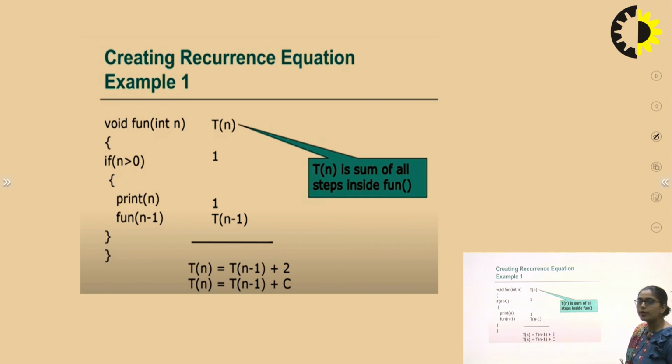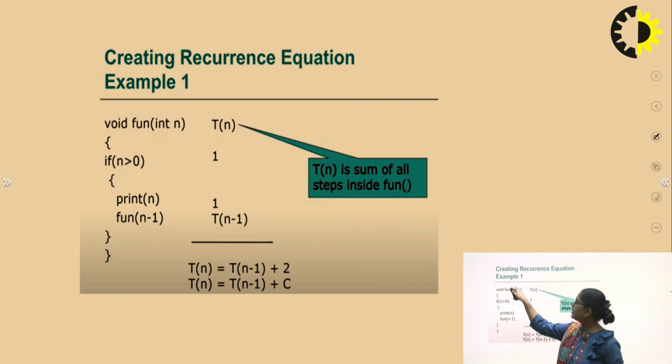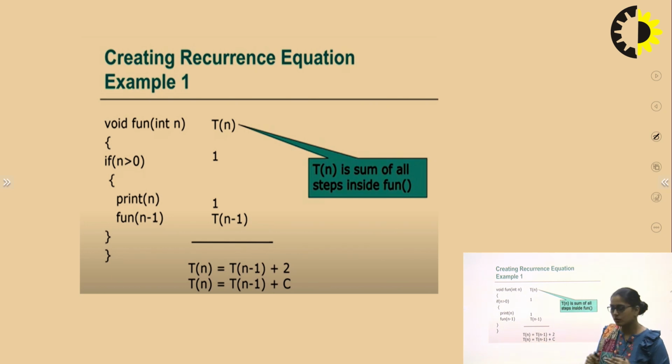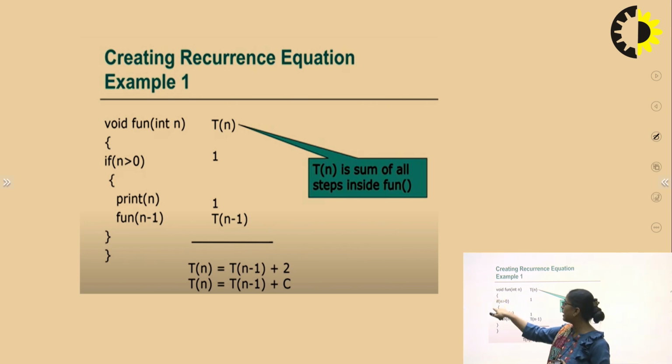So how do we calculate it? Suppose a complete function has T(n) complexity. As we know, punctuation like curly brackets, and if and else statements, take constant time.